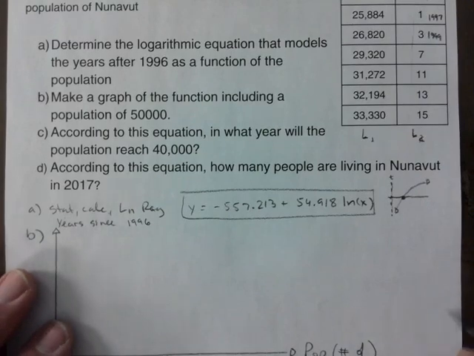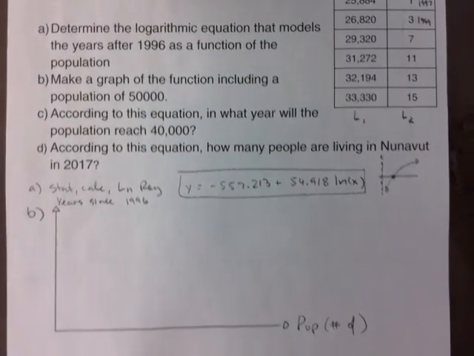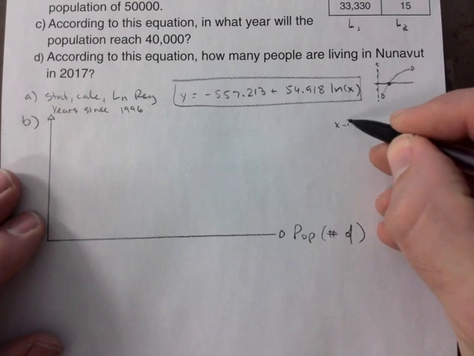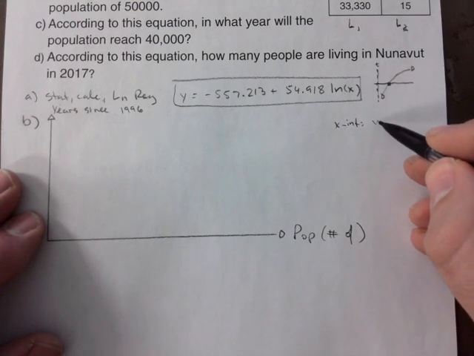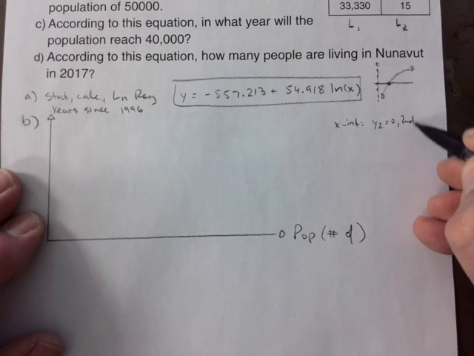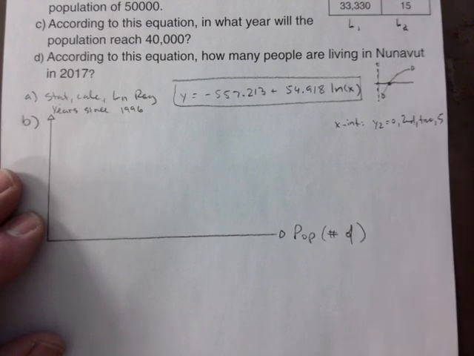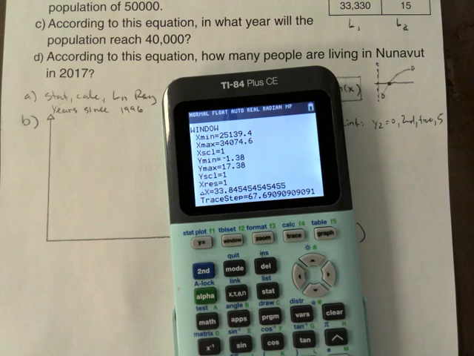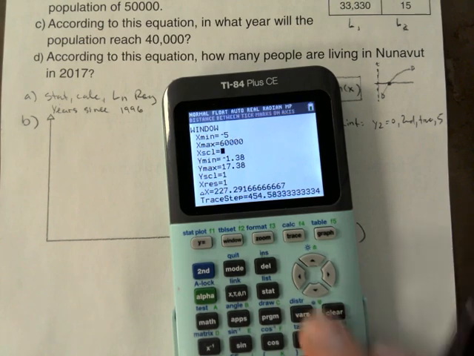Okay, so let's go ahead and find that. I already set my graph up. I'm going to come up with the x-intercept, y2 is equal to 0, second trace 5. And I need to adjust my window. I'm going to go -5 because x is my population. I'm going to go 60,000 there.